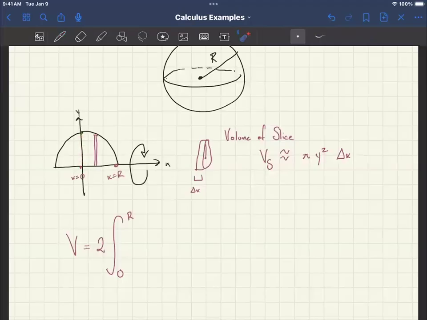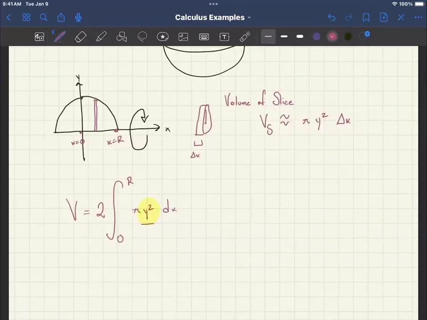So we can just double it and go from 0 to r. And then we are going to pop in our pi y squared, and our change of x turns into a dx. All right, so now the next thing is we need this y squared in terms of x.